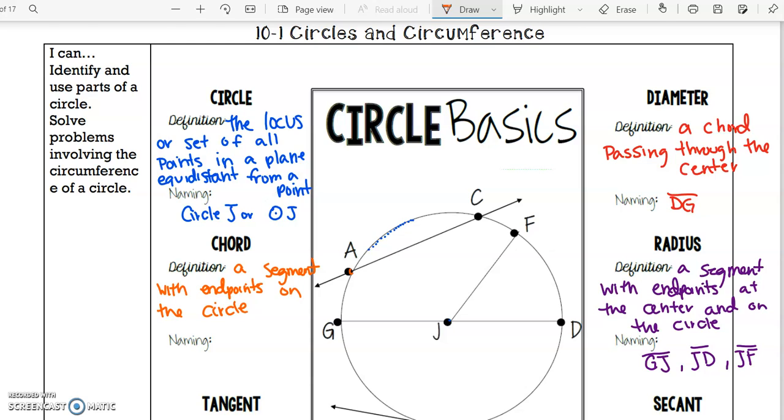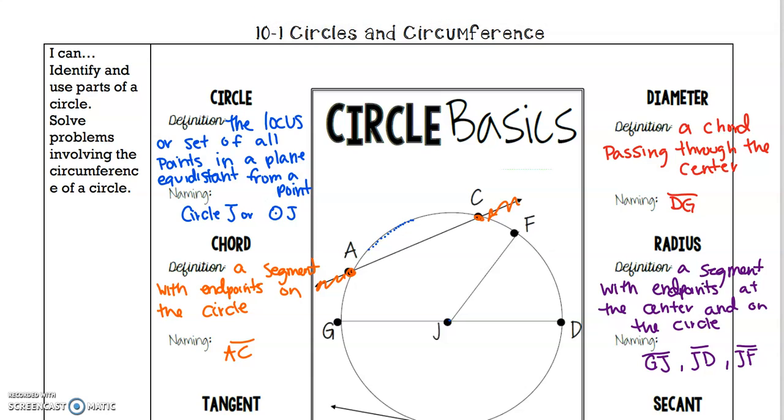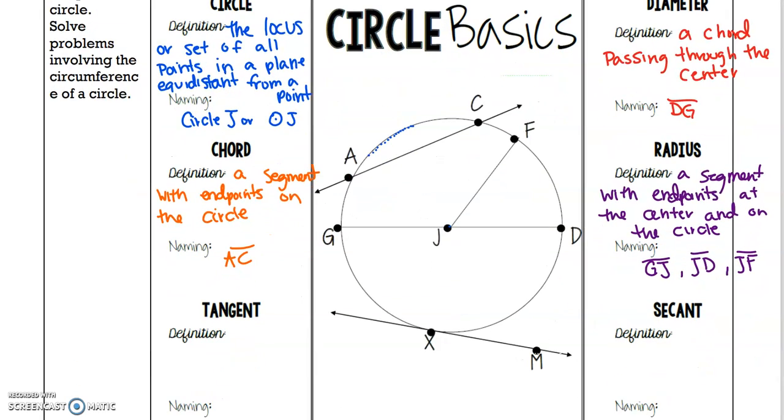So it would be from A to C, if we kind of just thought of the segment, not the line, but AC would be a chord. And the diameter would actually be a chord as well. But it's nice just to name chord, and diameter is usually itself diameter.